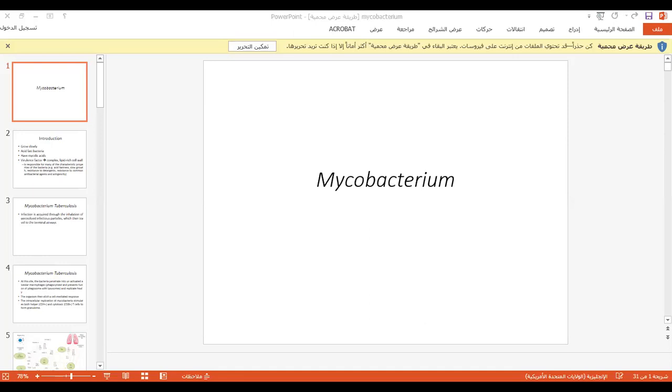But in lepromatous leprosy, the predominant form of acquired immunity is the antibody response with downregulation of cellular immune response. So the lesion has a large number of bacilli with a few lymphocytes and high antibody concentration.